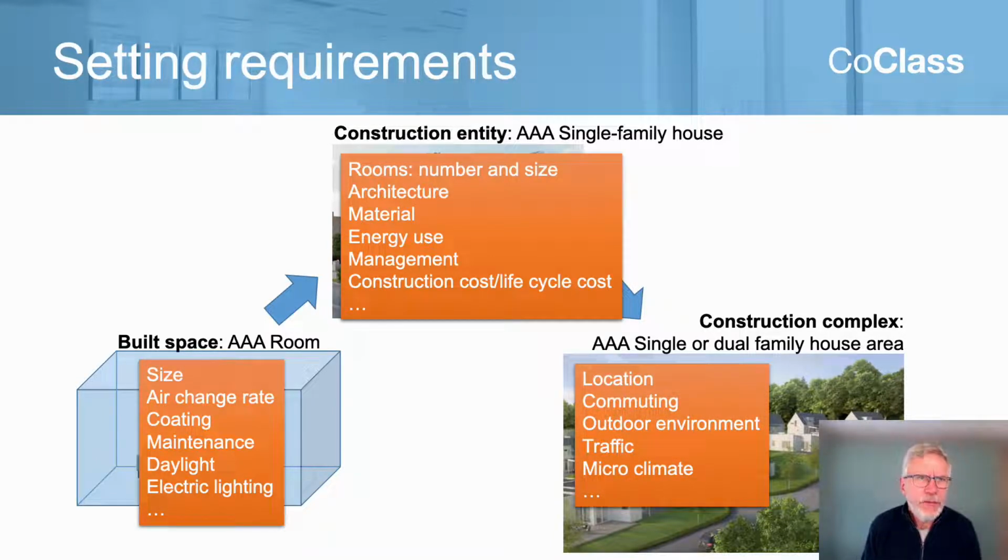And if you're a city planner, for instance, you obviously need requirements for the housing area in this case, where it's located, how much traffic there is, what kind of microclimate it has, and so on. So you can use CoClass on all these levels, having standardized properties for requirements.